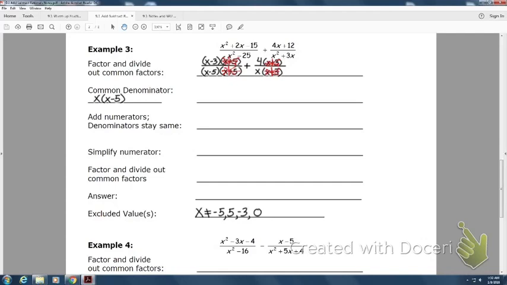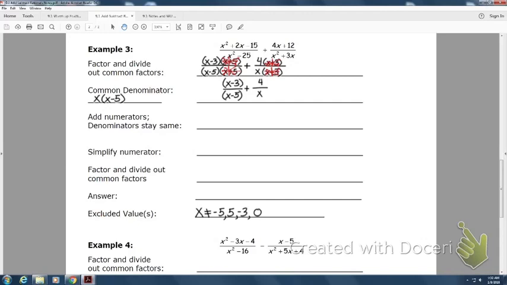So I'm going to rewrite what I have left after I've canceled everything. And then now I just want to apply the common denominator to it.